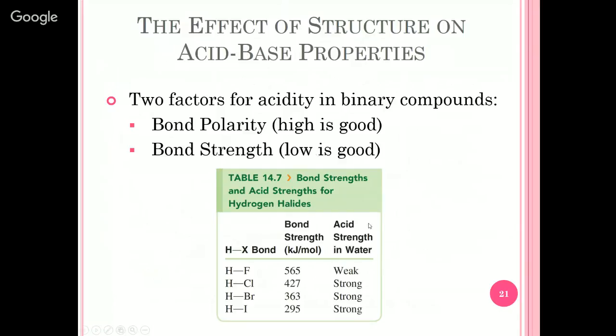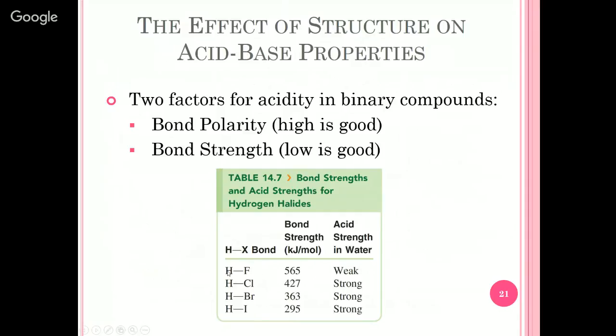Here we can see bond strength decreasing as we go down group 7, the halogens, and this is because the size of these respective ions gets bigger and bigger, which means it's much harder for hydrogen's 1s orbital to overlap with the respective p orbitals on these elements.